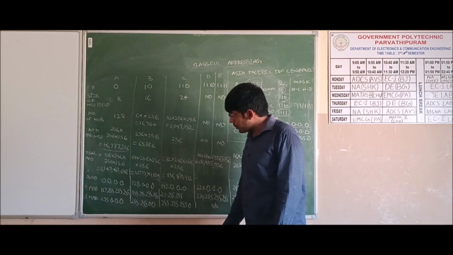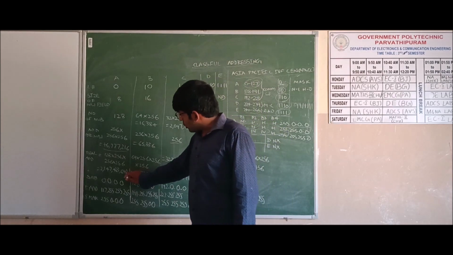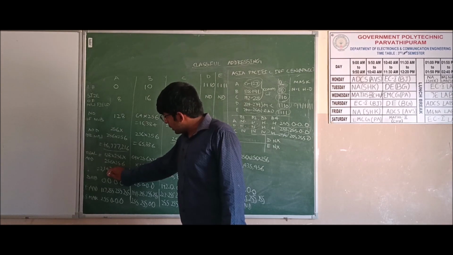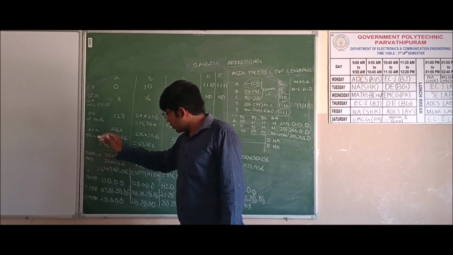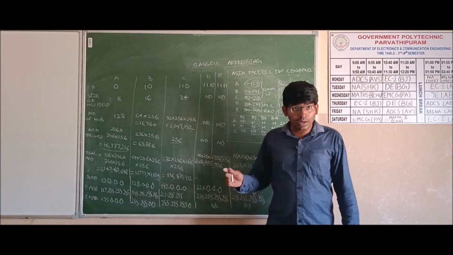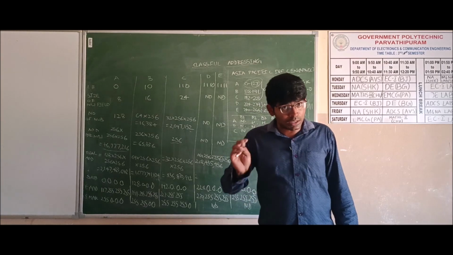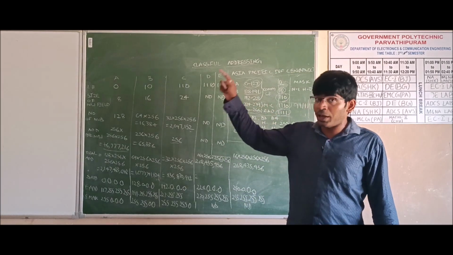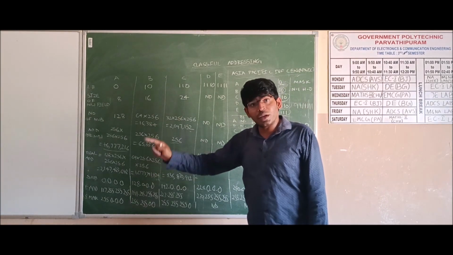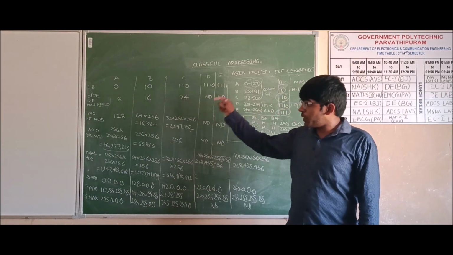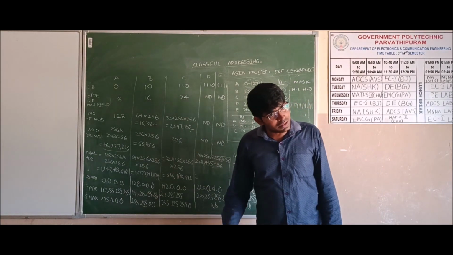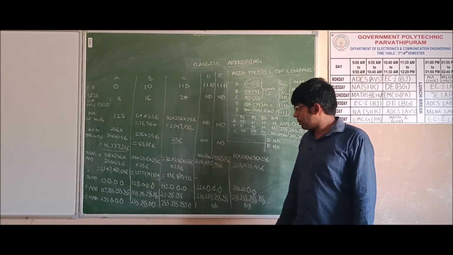It is nothing but 1, 10, 100, 1,000, 10,000, 1 lakh, 10 lakh, 1 crore, 10 crore, 100 crores. 214 crores almost. 214 crores addresses we can address by using class A. And 107 crores addresses by using class B. 53 lakhs addresses by using class C.